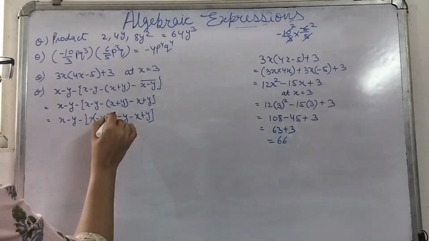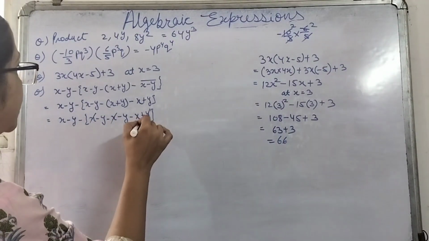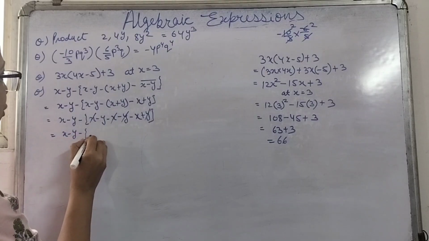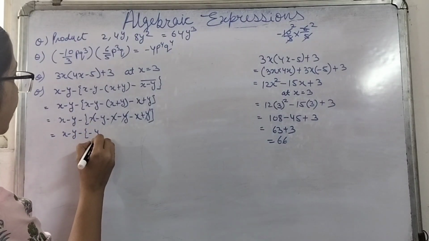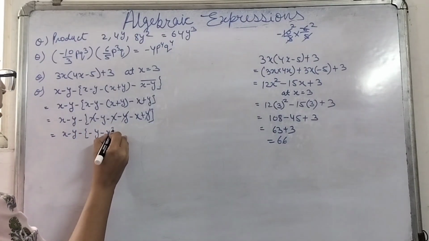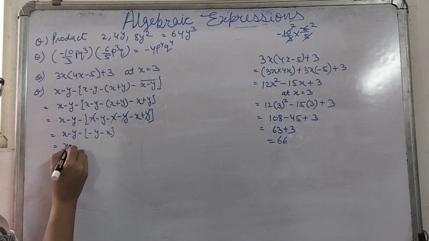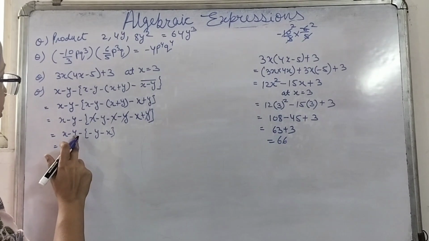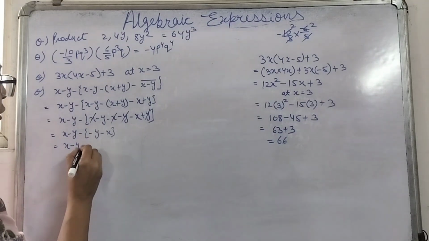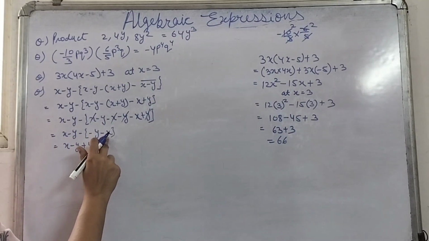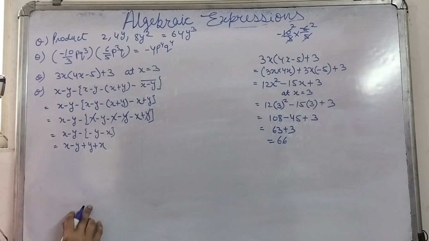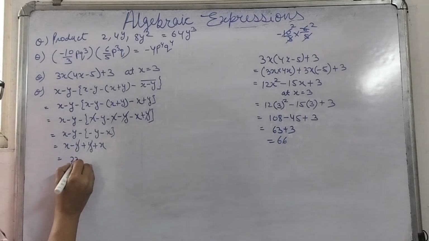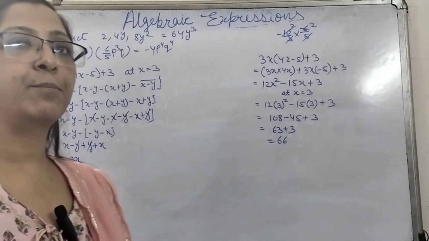See over here, x and minus x cancelled, plus y and minus y cancelled. So it is x minus y minus, this is minus y remaining, and here it is minus x remaining. Now x minus y, this minus will be multiplied by both of them, so signs are going to change. Minus multiplied by minus y will be plus y, minus multiplied by minus x will be plus x. Plus y minus y cancelled, x plus x will be 2x. So this is how we can simplify it.